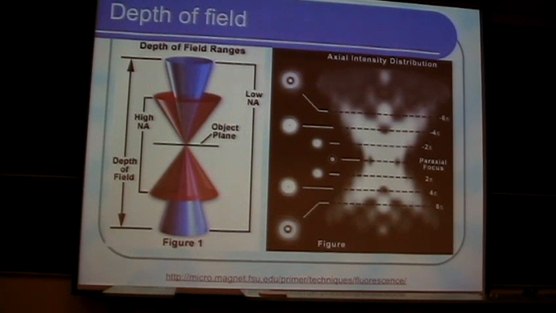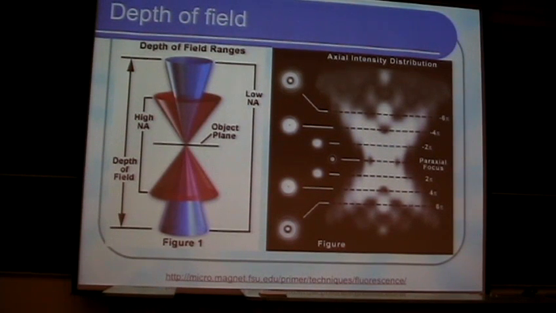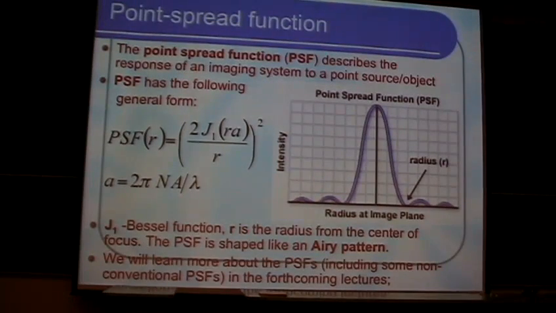This image shows axial intensity distributions for different planes with respect to the focal plane of the given objective. As we go upward or downward with respect to this focal plane, the axial intensity distribution would have appearances shown on those figures.